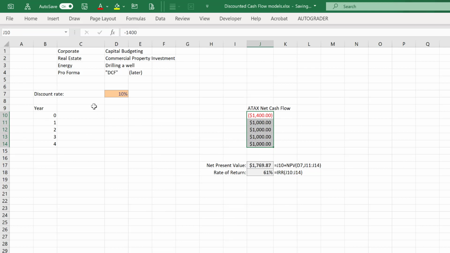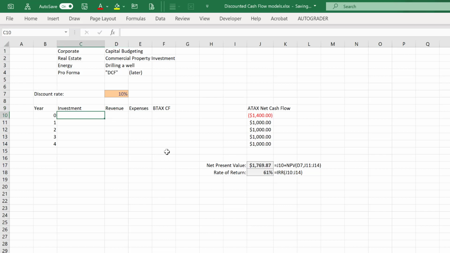So from its most basic, we could think of this model as some type of an investment. It could be the purchase of the equipment, it could be the drilling of a well or the investment in the property, from which we hope to get some revenue and should expect to pay some expenses. And let's do an intermediate stop at that point and get a before tax cash flow.